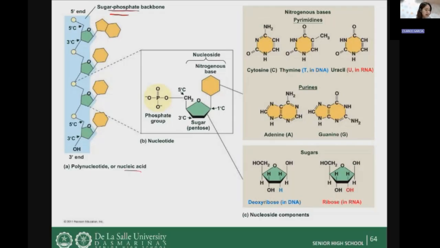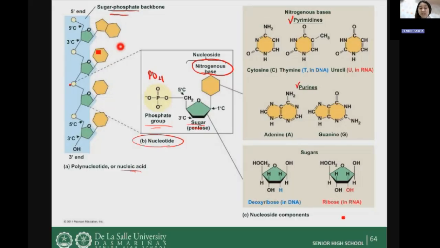So a nucleic acid has nucleotides. This nucleotide has the sugar, which is a pentose sugar, a phosphate group, which is PO4, and the nitrogenous base. The nitrogenous base is divided into two groups, which are pyrimidines and purines.